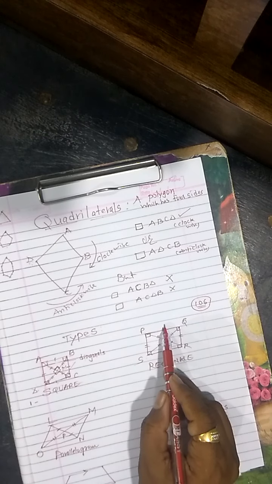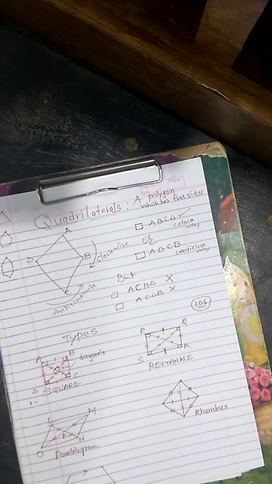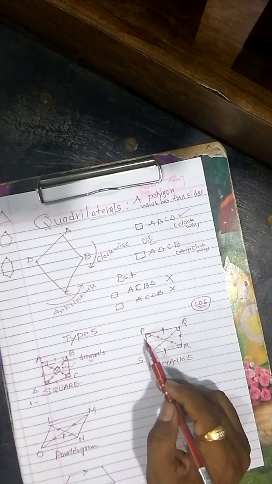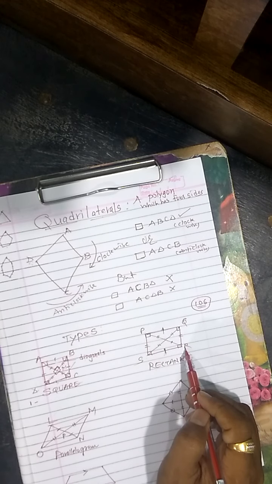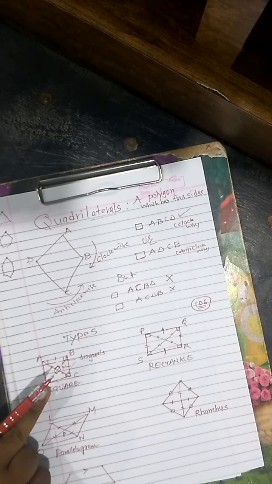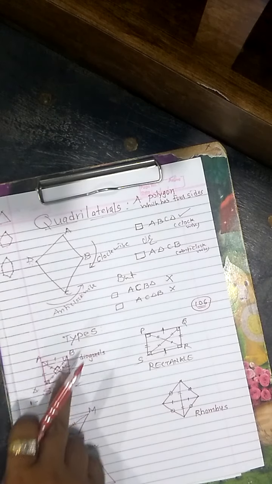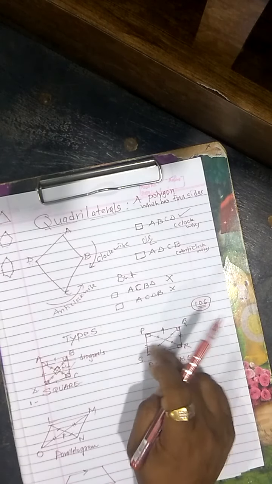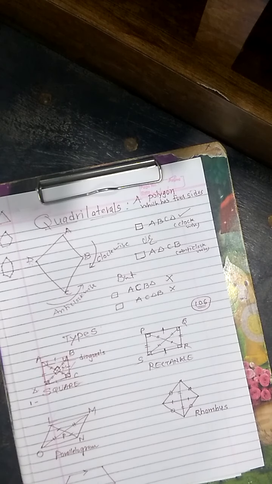Suppose this is 5 centimeters, this is also 5 centimeters. Opposite sides PS and QR have equal measures, while in a square all sides have equal measure.